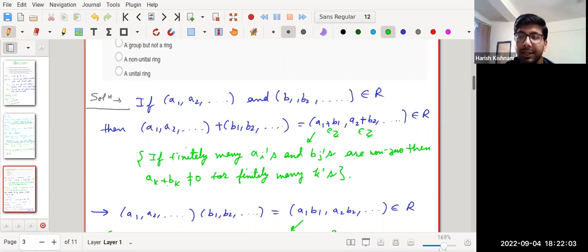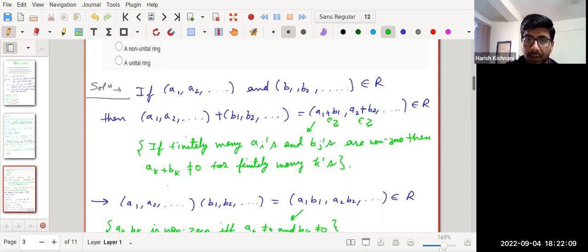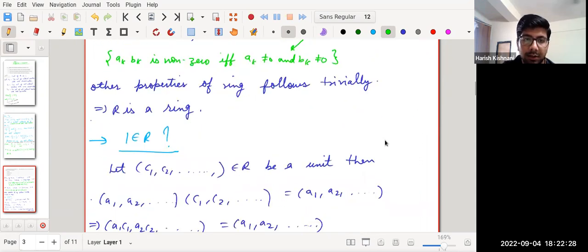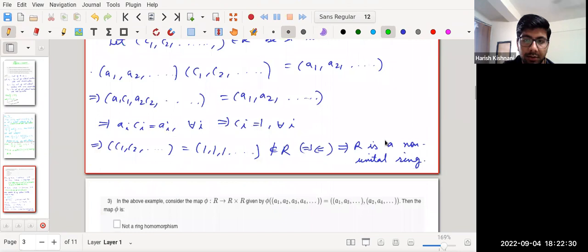That's why ak plus bk is non-zero for finitely many cases only. Thus after addition, the element a1 plus b1, a2 plus b2 is inside R again, because each entry is an integer and only finitely many components survive. All others are zero.